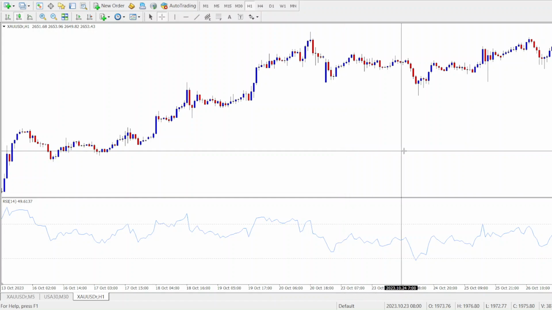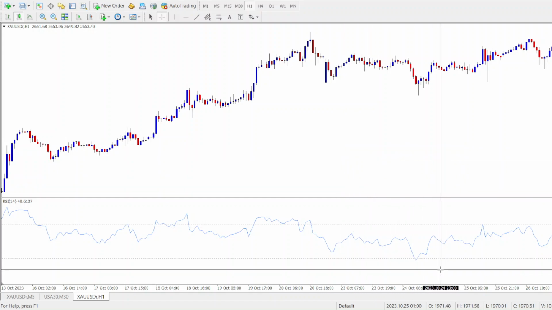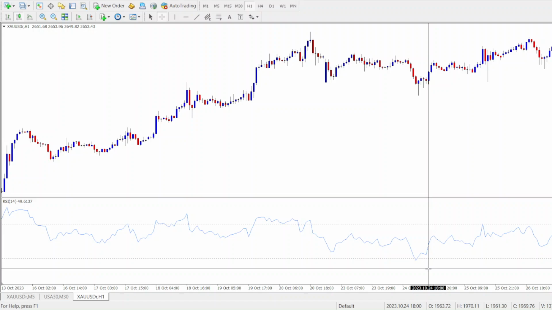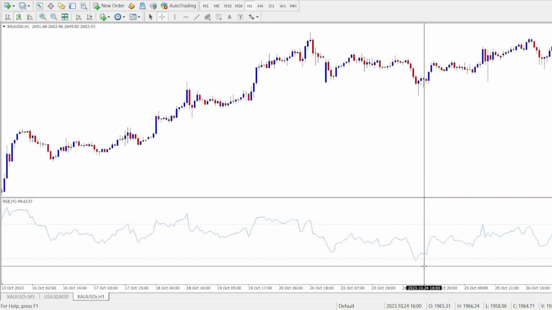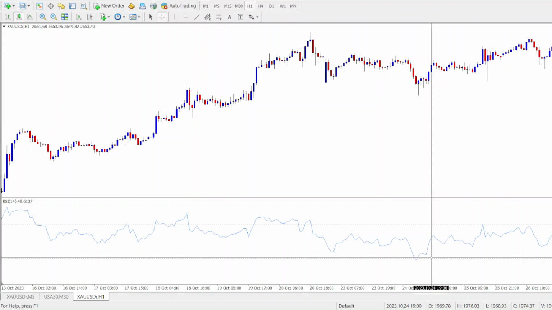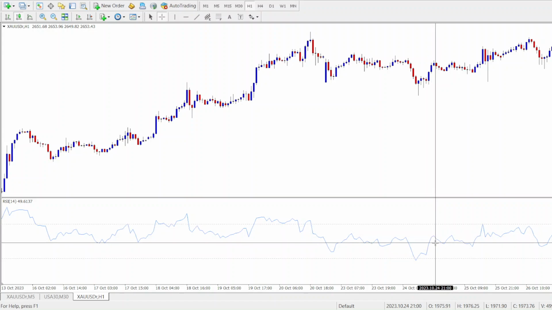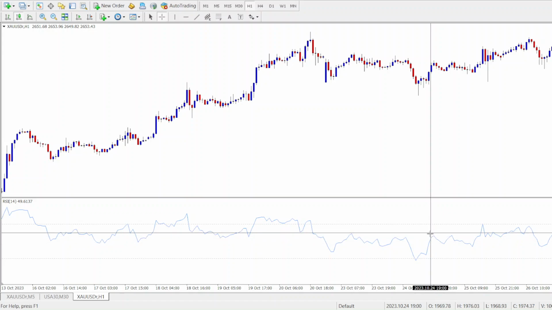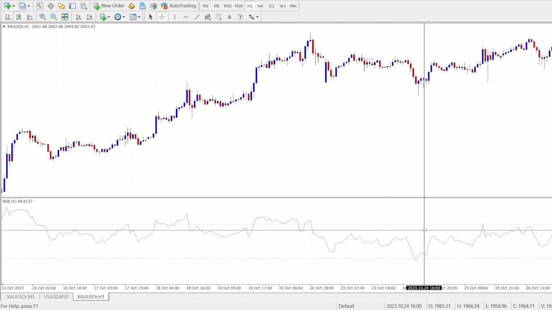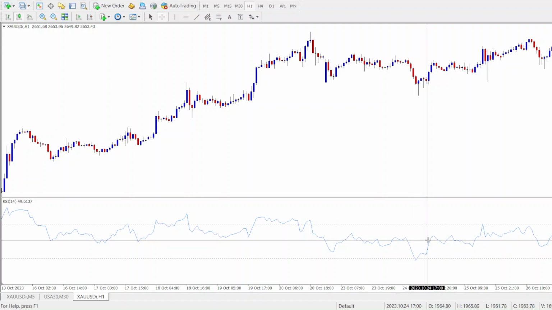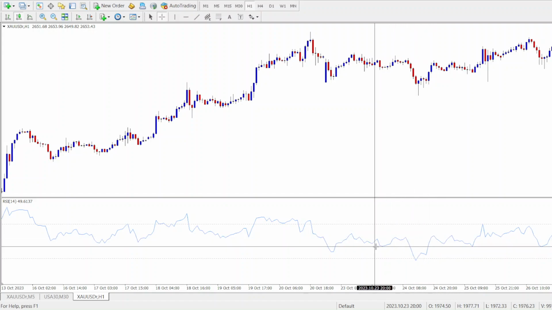On the other hand, an RSI below 30 indicates that an asset is oversold, and it suggests that there could be a potential price increase. The neutral zone varies between 30 to 70, as we can see here, and it indicates a neutral market where there are no clear overbought or oversold conditions.